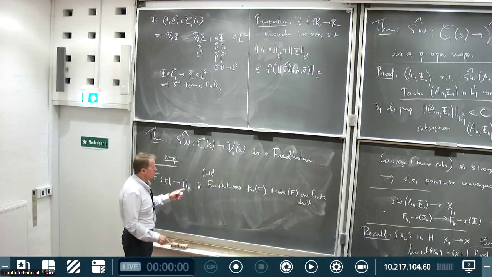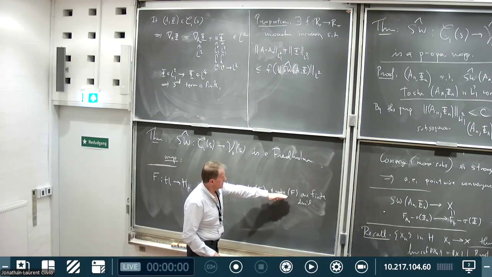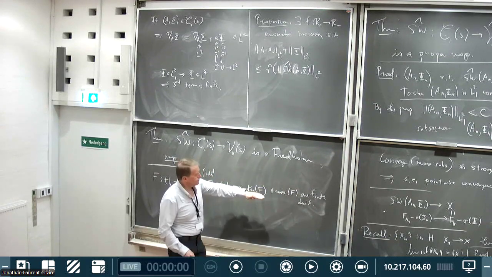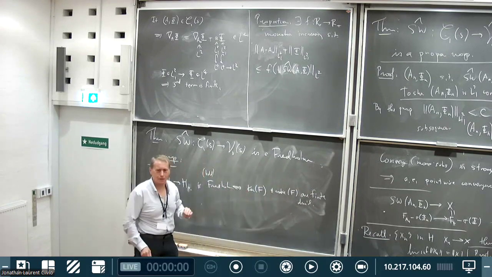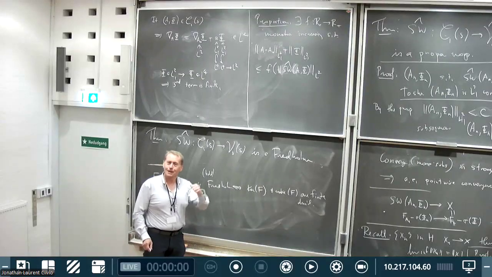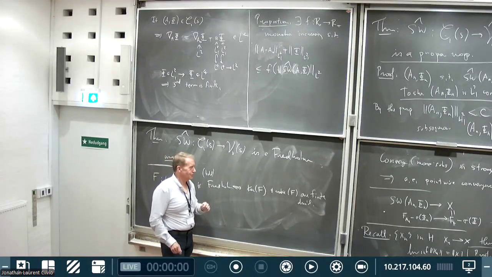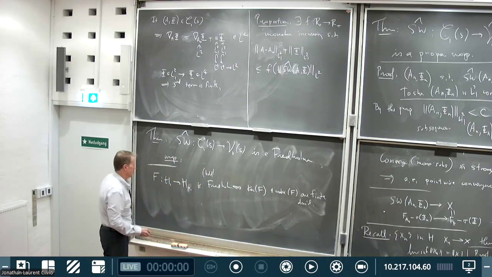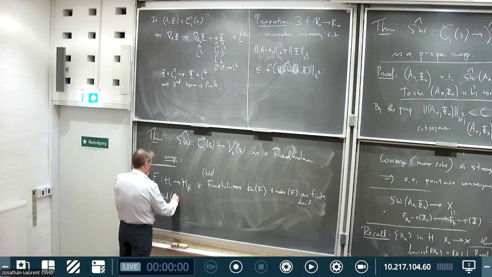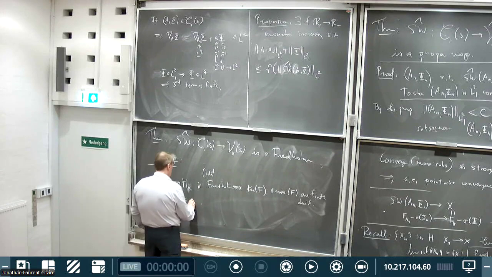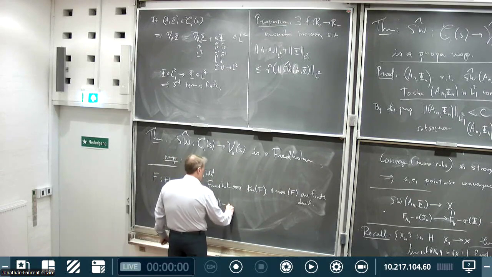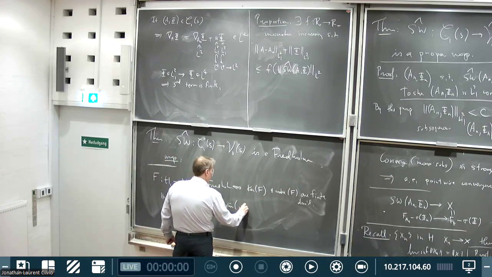Usually, many authors assume as part of the definition that it has closed range. That's actually a consequence of finite dimensional cokernel. However, usually when you prove an operator is Fredholm, first you prove that it has closed range, then you prove that it has finite dimensional cokernel. But as a definition, that's what you need. Then, like we saw before, these operators have an index, which is the dimension of the kernel minus the dimension of the cokernel.